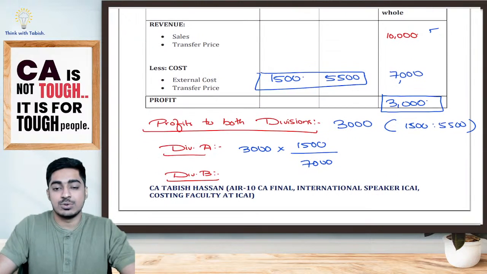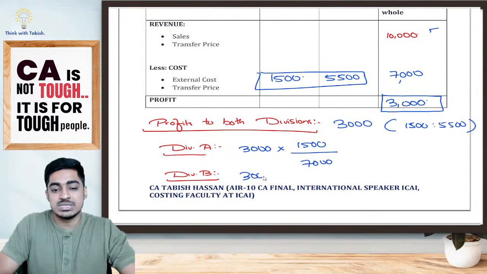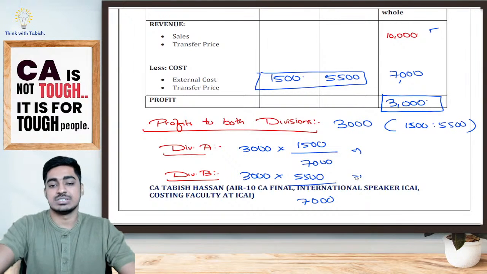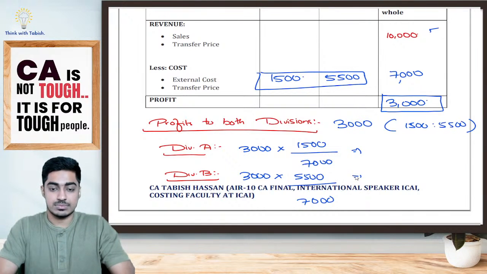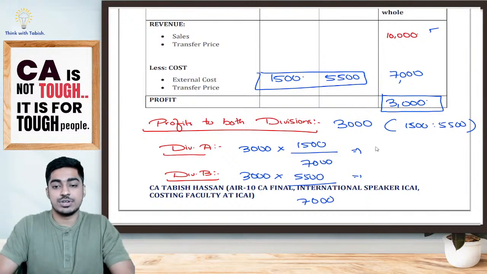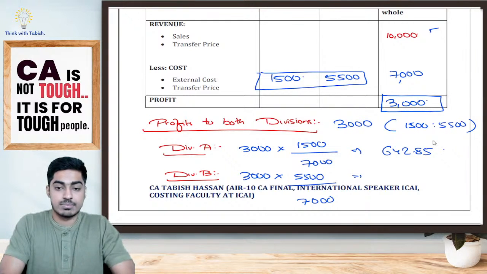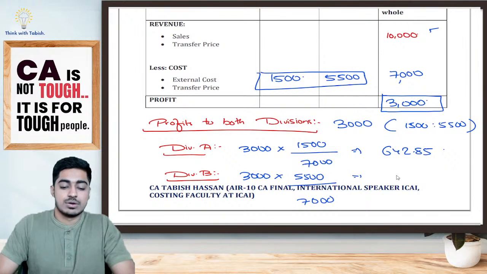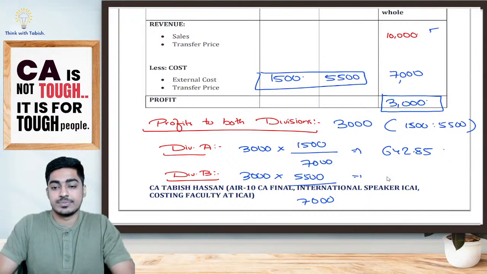For division B, total profit is 3,000 rupees, division B cost was 5,500 divided by 7,000. How much is it, students? It is 642.85. And 2357.14.